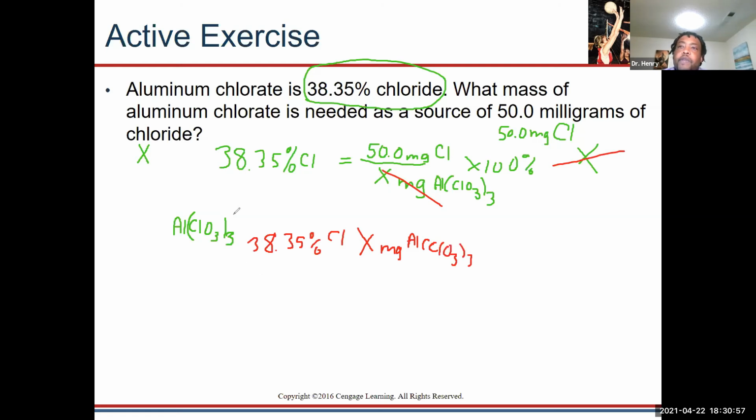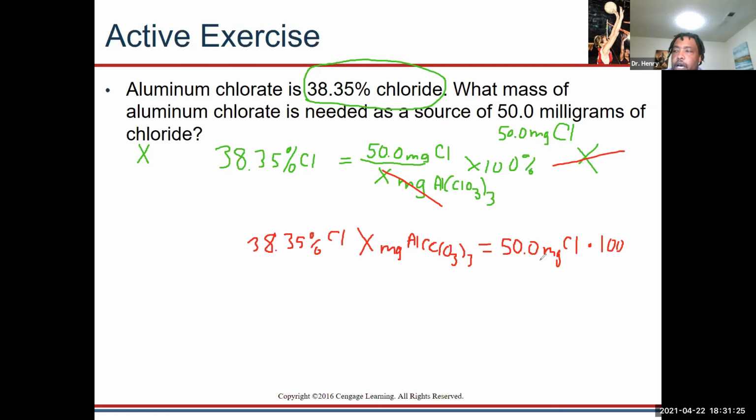Okay. Erase this. And then that's going to equal 50.0 milligrams times 100.